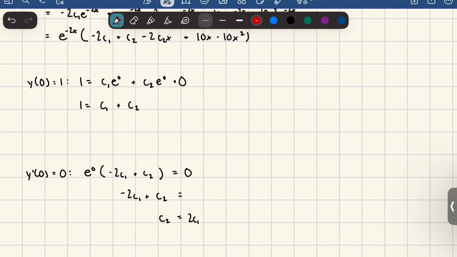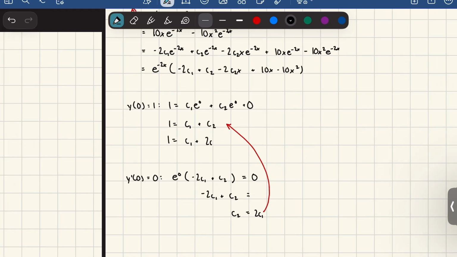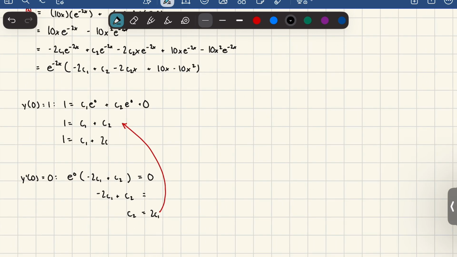Okay, now we can, 2 c1. Oh yeah. So we'll pop this into there. 1 equals c1 plus 2 c1, so it's gonna be 3 c1, and then 1 over 3 c1. I just didn't make enough room.